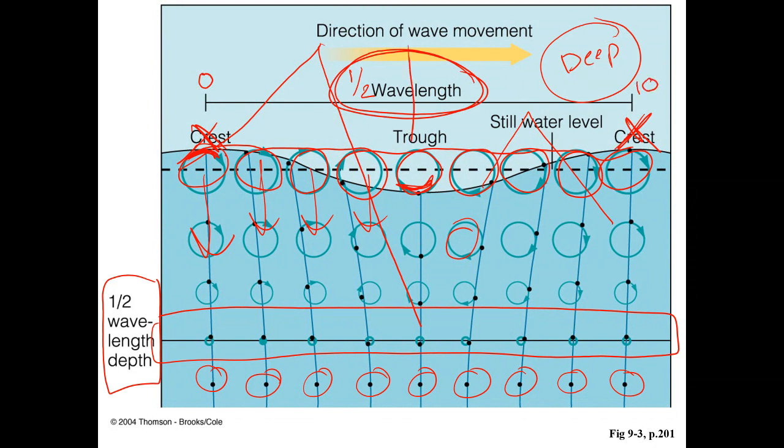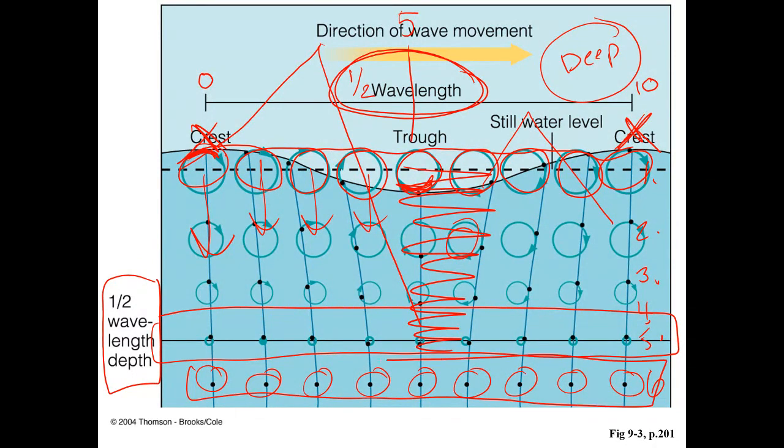Half of that number would be 5. If the depth of the ocean is 1, 2, 3, 4, 5, 6, then of course this only makes it to here. The energy cannot reach deeper.